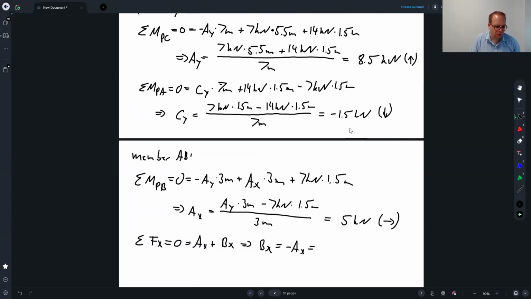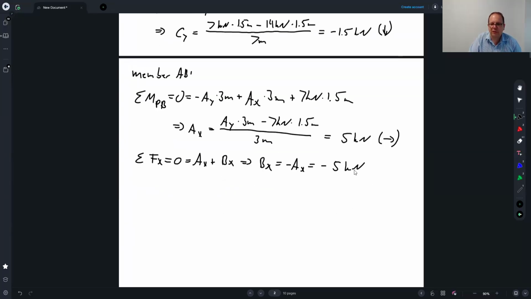AX, we said, was 5 kilonewton. So that's minus 5 kilonewton. Oh, that's good. And now we're not going to put left or right on this one, because it points whichever direction we're looking from, right? So that doesn't help us necessarily.